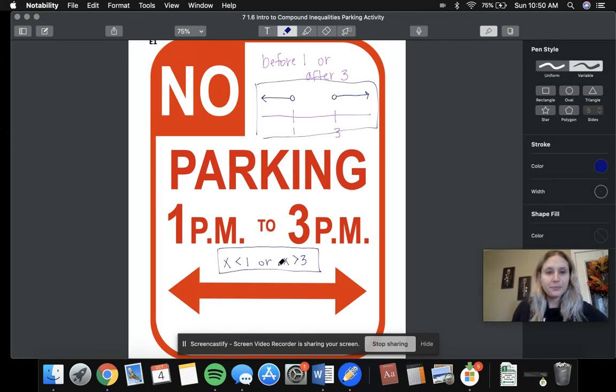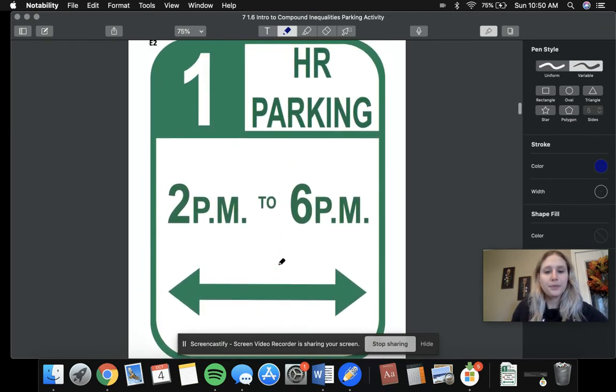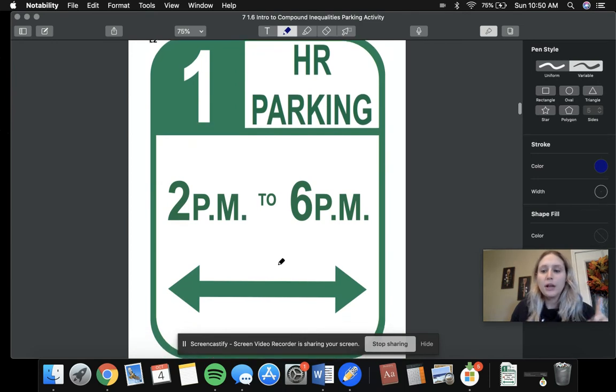For example 2, it says that there is a 1-hour parking limit from 2 p.m. to 6 p.m. Again, we're talking about when can you park. First I'm just going to interpret this. Here's 2 p.m. and here's 6 p.m. Again, I want to know when can I park?